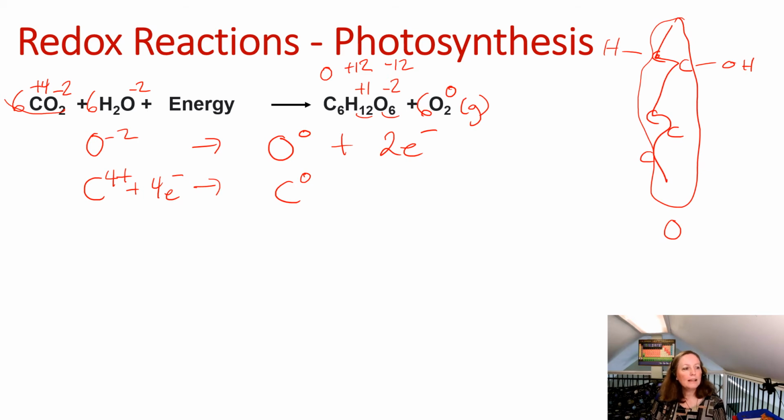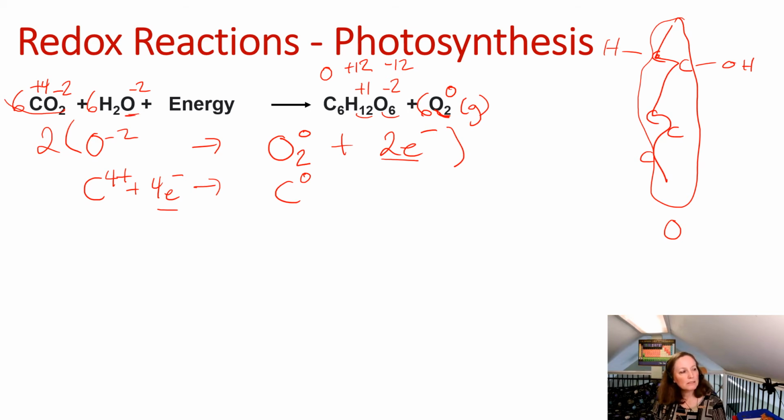Okay, and then you have to start thinking about how to balance it off. If you've got 2 electrons going on here and 4 here, you're going to have to multiply this whole thing by 2, which probably makes sense because you have oxygen 2 here. So then this can become your O2. It's probably collectively happening, some from carbon dioxide and some from oxygen.